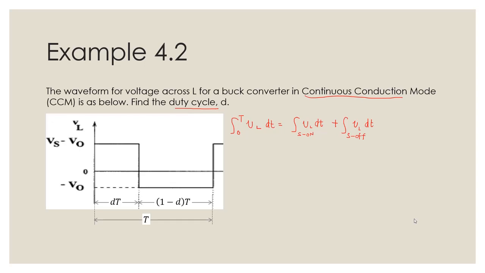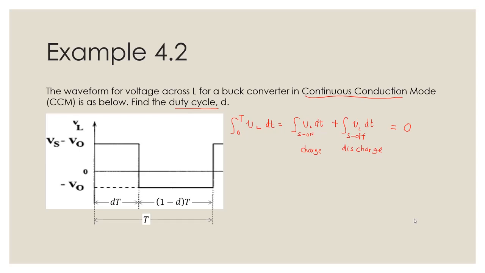This is also equivalent to the condition where the inductor is being charged and then discharged, and this is equivalent to 0. So you charge first and then you discharge, so the total voltage across the inductor will be 0 at the end.